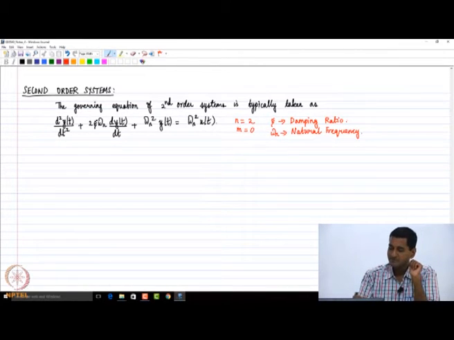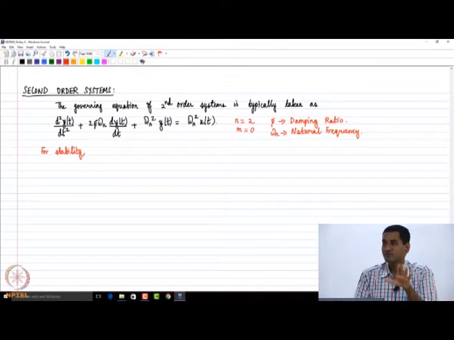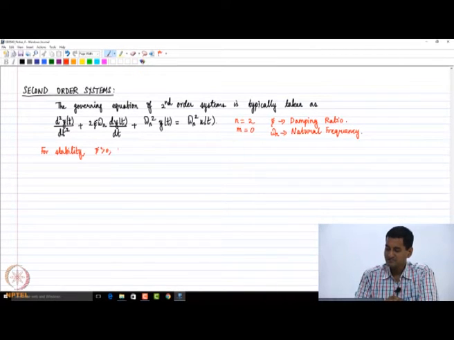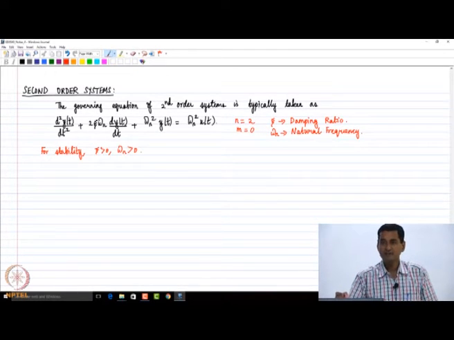We will figure out later that for stability of the system, we can only talk about performance if we have a stable system to begin with. For stability of this class of systems, the sufficient condition is zeta greater than 0, omega n greater than 0.